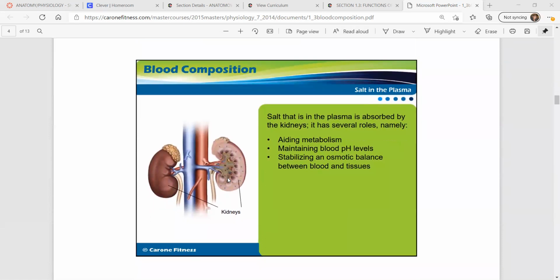Salt that is in the plasma is absorbed by the kidneys, and it has several roles. It aids in metabolism, it maintains the pH levels of your blood, and it stabilizes an osmotic balance between blood and tissues.